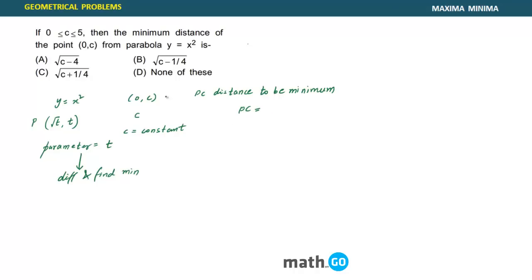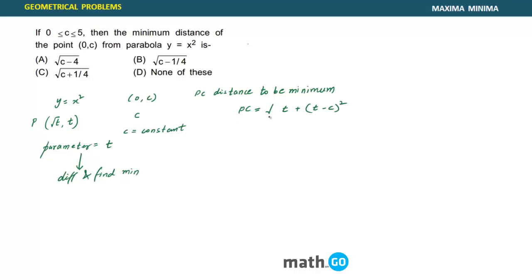So the distance PC would be, let's say, under root of, now tell me the distance. It will be root t minus 0 whole square, that is t, plus t minus c whole square, right?